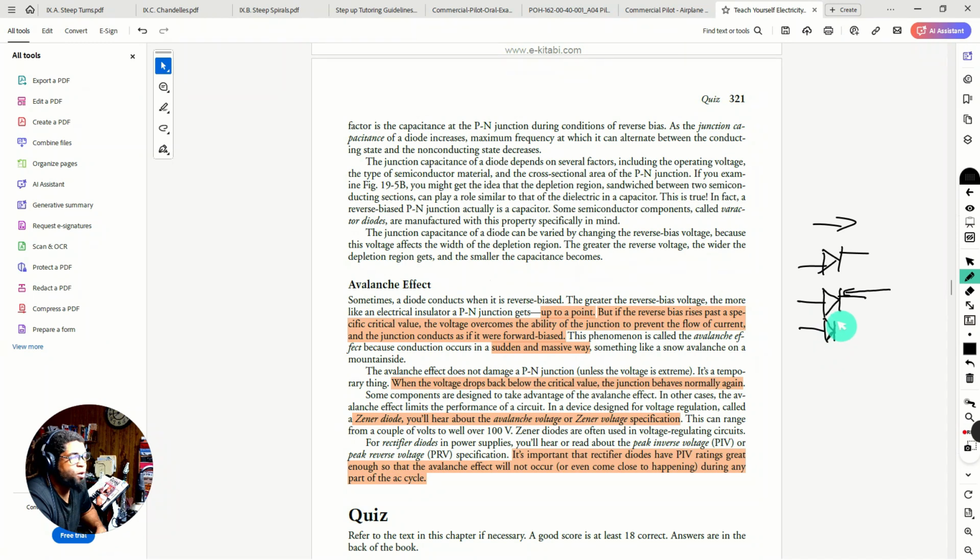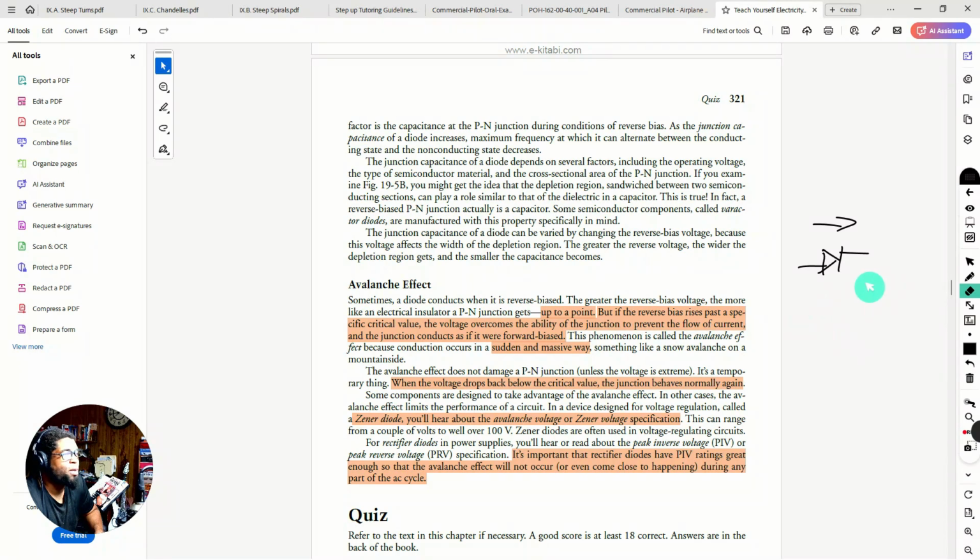If we hit a critical value of that diode, if V plus is high enough, it'll actually make its way through the diode, and that is called our avalanching effect, or more precisely, it would be reverse bias is what we would call that.